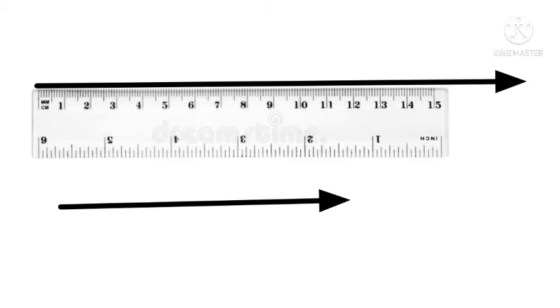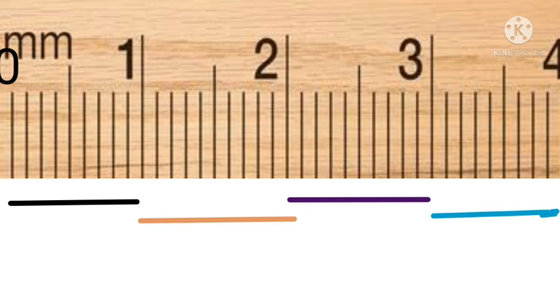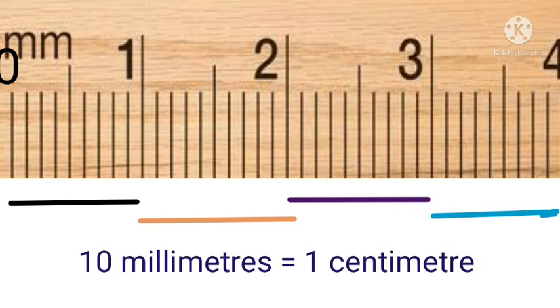Okay, just think that you are going to measure the length of these lines. At first, you have to keep the scale on the line. Before that, let me tell you, you can see 10 lines between 0 and 1, 1 and 2, 2 and 3, like that. These are millimeters. 10 millimeters make 1 centimeter.